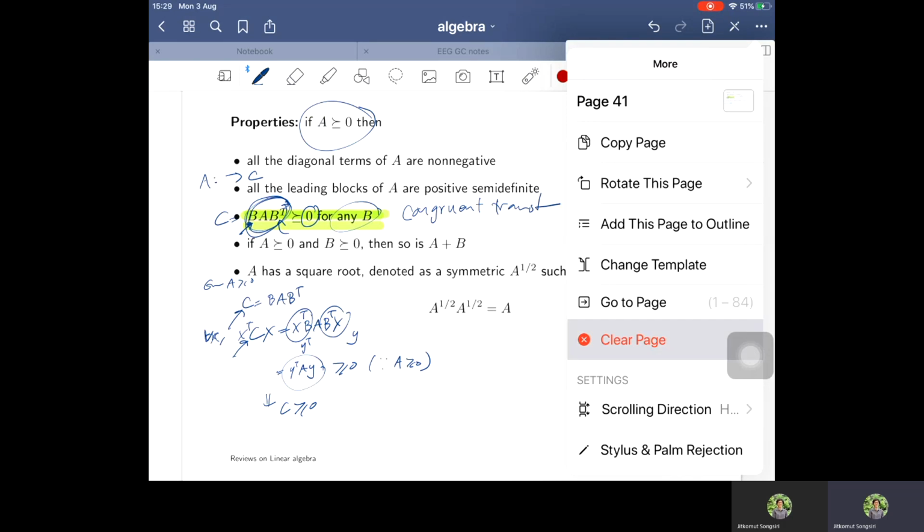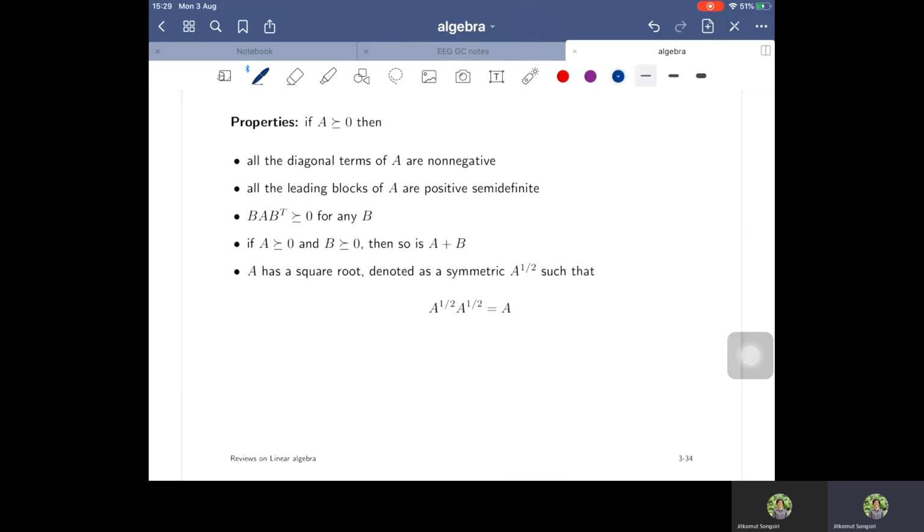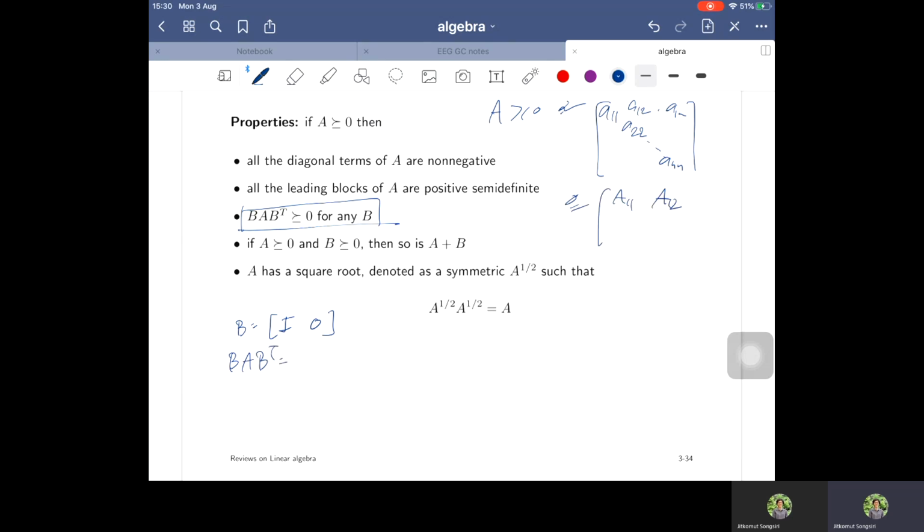This further implies that if I have the matrix A that is positive semi-definite, of course I have diagonal terms. From the property that whenever I apply a congruent transformation the positive semi-definiteness is preserved, suppose I pick B to be the matrix [I 0], and my A is partitioned into 4 blocks.